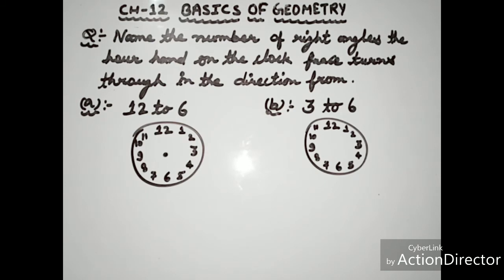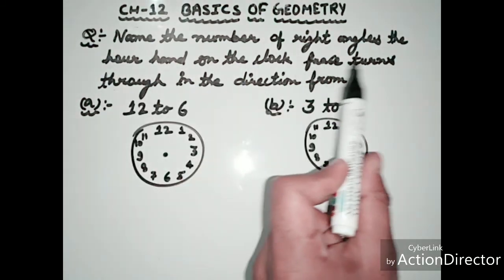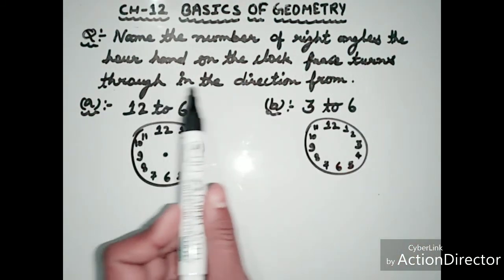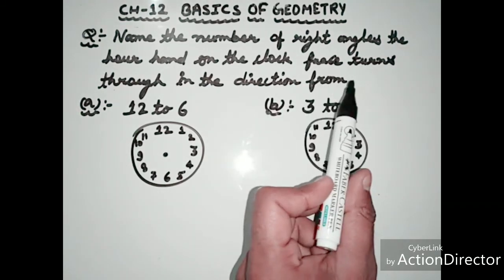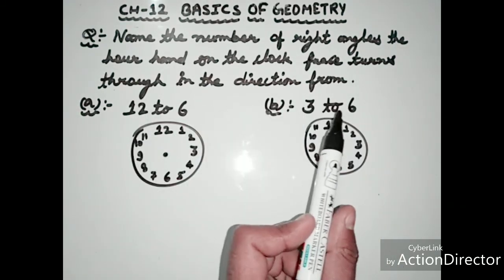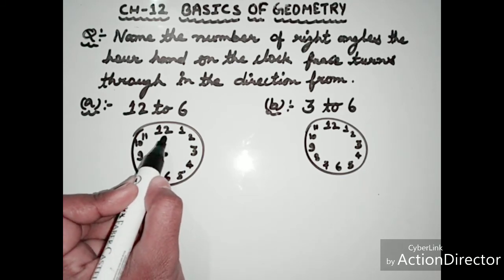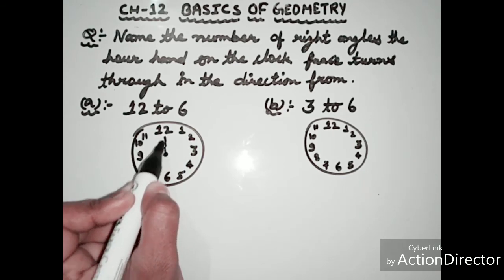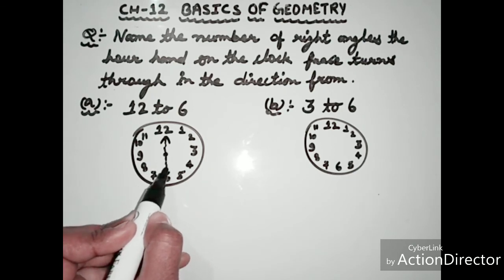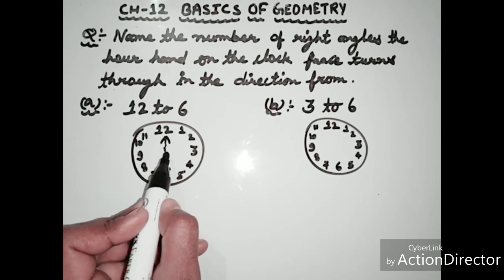Now the next question: name the number of right angles the hour hand on the clock face turns through in the direction from 12 to 6. So here our hand moves from 12 to 6.